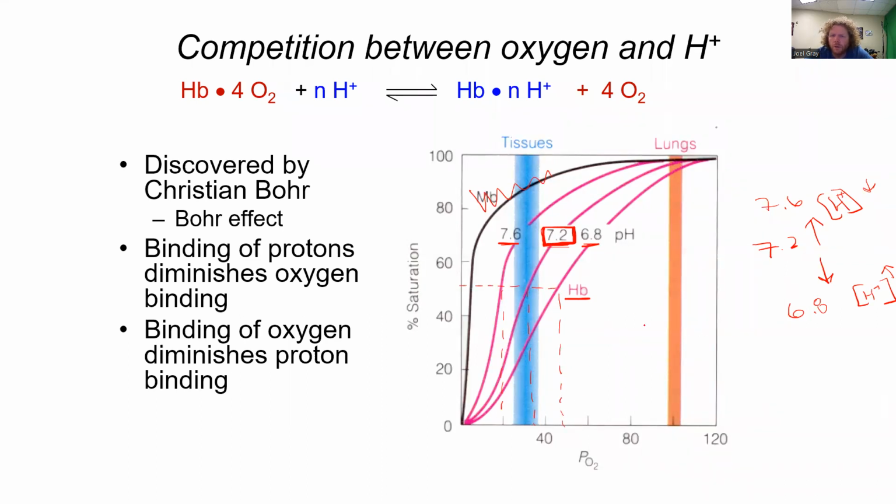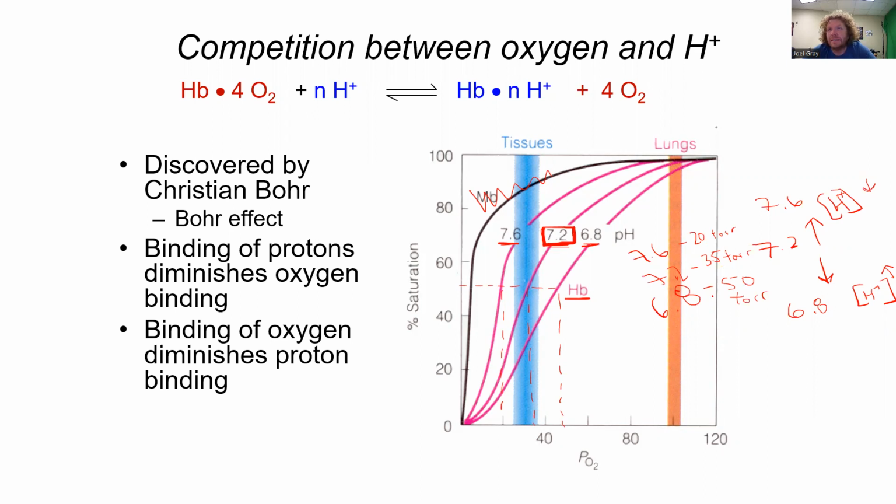Okay, so at pH 6.8, our P50 is about, I'm going to call that 50 torr just for simplicity. At 7.2, our P50 is approximately 35 torr. And then at 7.6, I'm going to call that 20 torr.